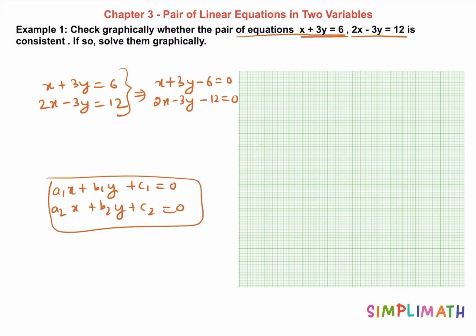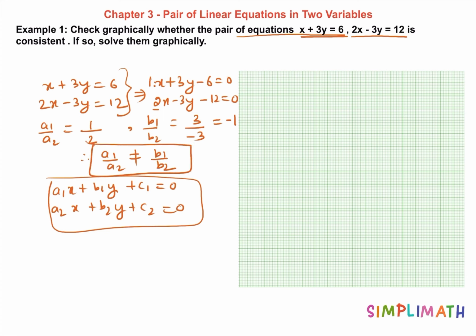So if we see what is a1 by a2, here coefficient of x is 1, so 1 by 2. What is b1 by b2? It is 3 upon minus 3. So this comes out to be minus 1. So I can say that a1 by a2 is not equal to b1 by b2.